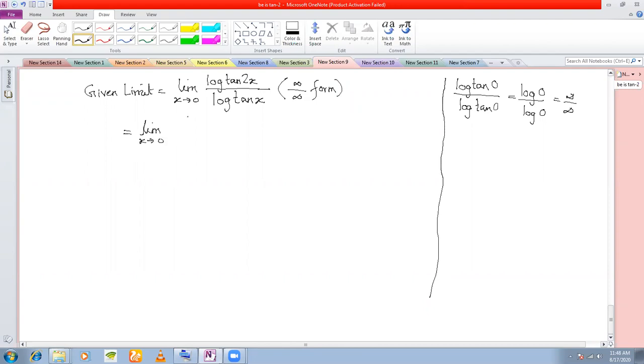Okay. Differentiate. First we differentiate log. We'll get 1 by tan 2x into the derivative of tan 2x. What is the derivative of tan 2x?